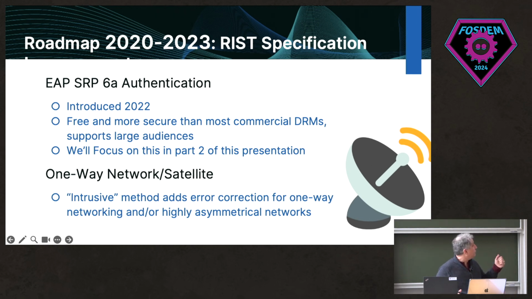This protocol allows you to do a unique username and password for each of the connected clients. And part of the protocol, during that username and password exchange, which is different for each client, includes the negotiation and the exchange of the pre-shared key. So there's no risk anymore of that pre-shared key ever being compromised.